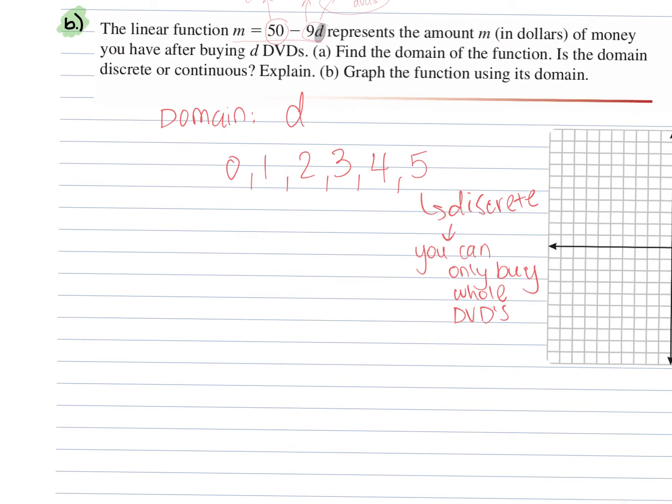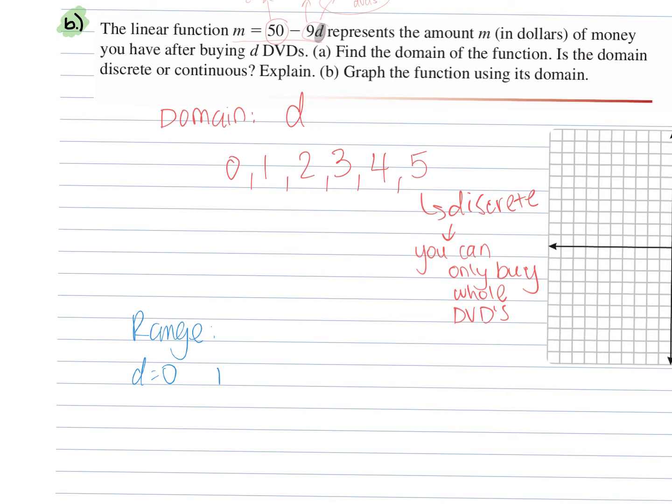Now, the second part says graph the function using its domain. So we have to use these numbers for our domain, plug them in for D to give us our range. Once we have our domain and range, we've got a bunch of points and we can plot them. We're going to start by plugging in D equals 0.